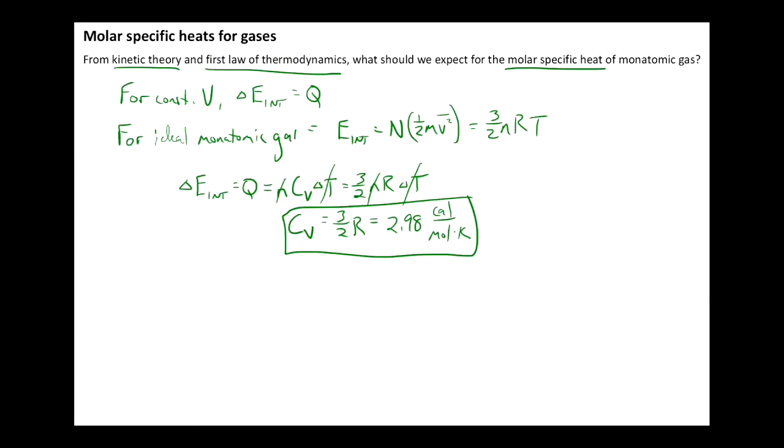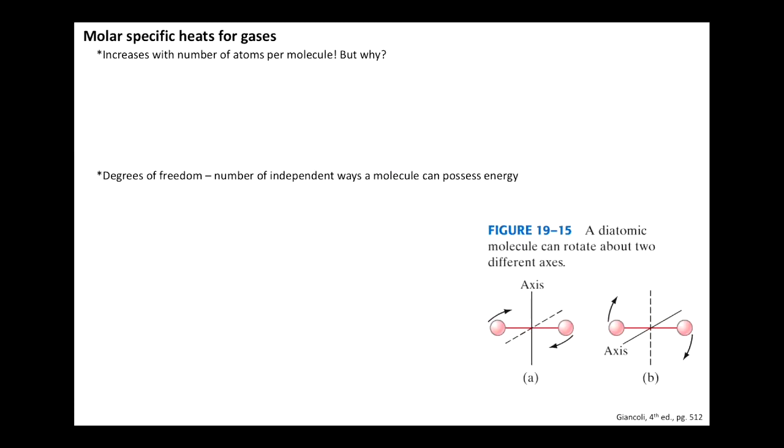Well, we've got an explanation for that. Why does it increase with the number of atoms per molecule? It is all because of the degrees of freedom. Degrees of freedom is defined as the number of independent ways a molecule can possess energy. The number of ways that it can possess energy.